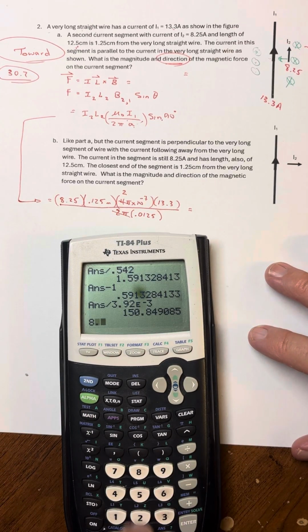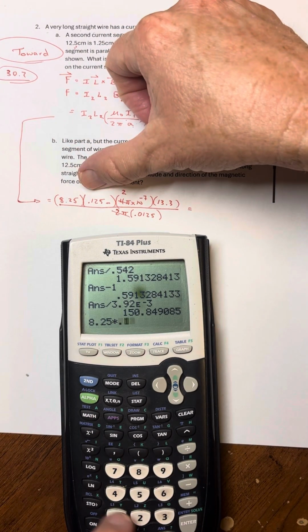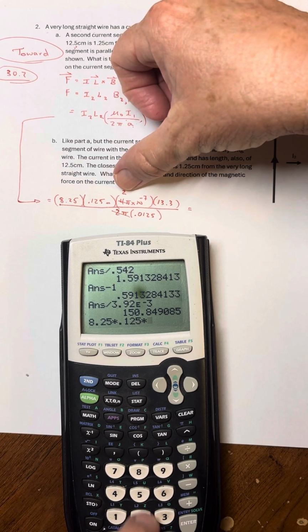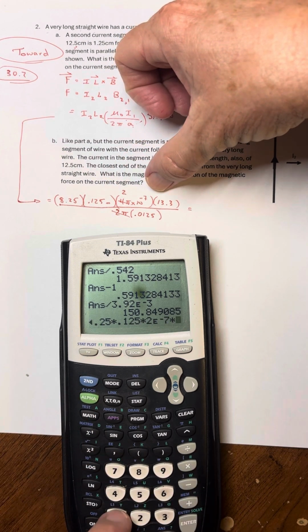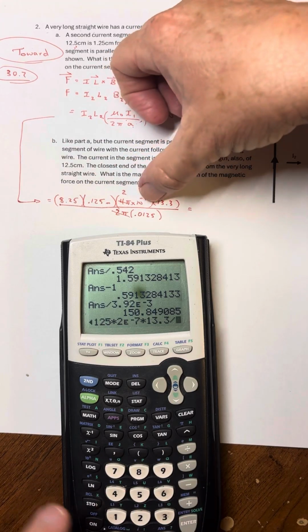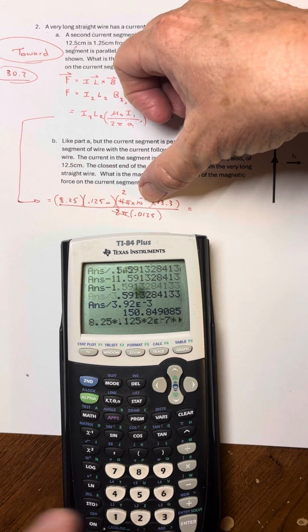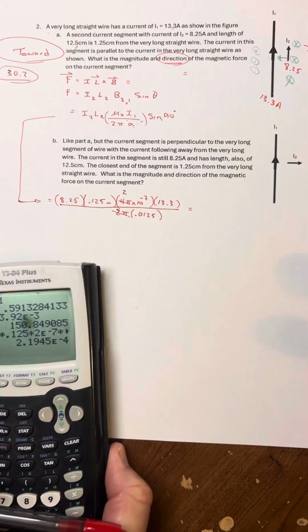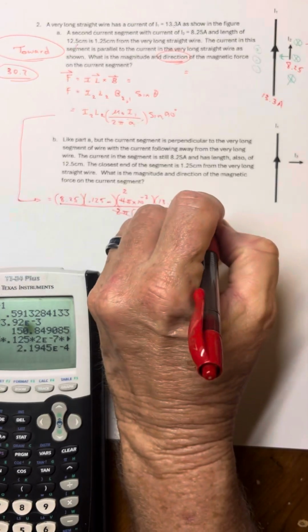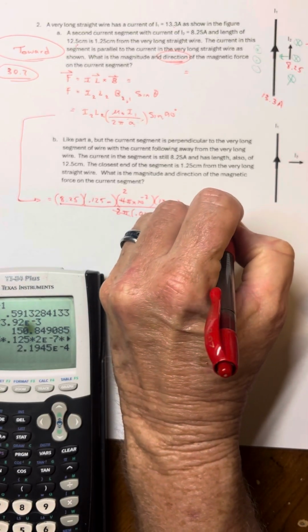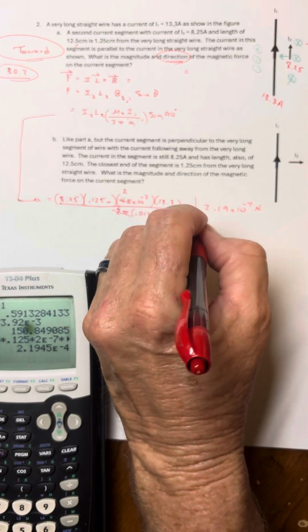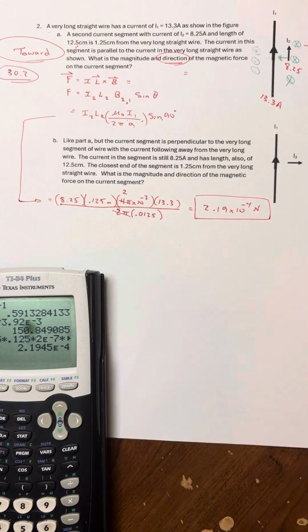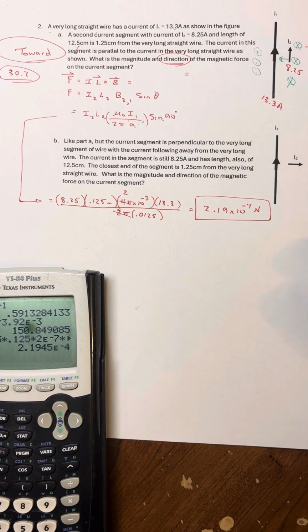So 8.25 times 0.125 times 2 times 10 to the negative 7 times 13.3 divided by 0.0125 gives me an attractional force of 2.19 times 10 to the minus 4 newtons. Yay! And so there's the magnitude and the direction.